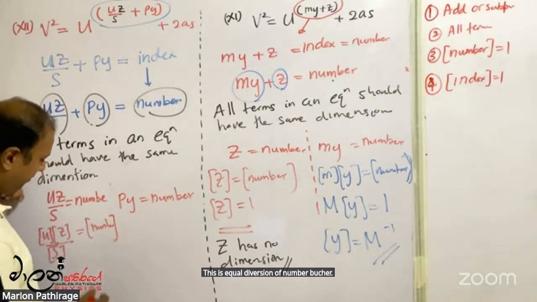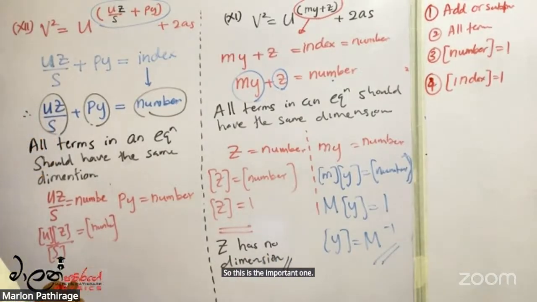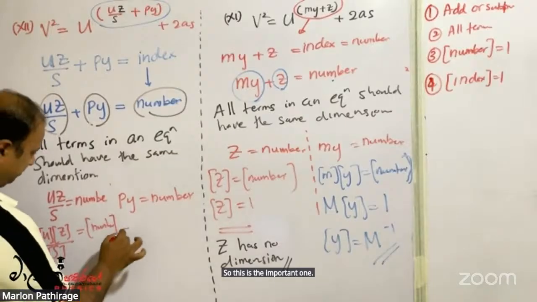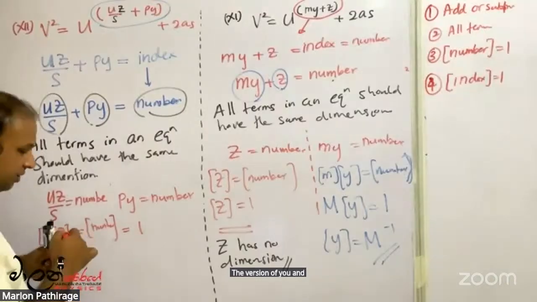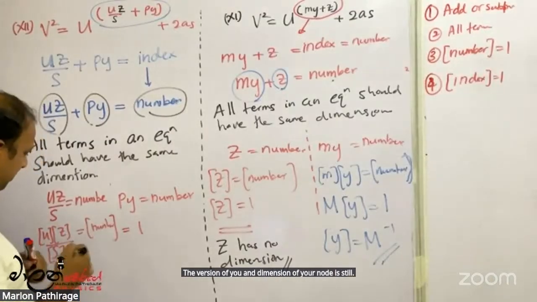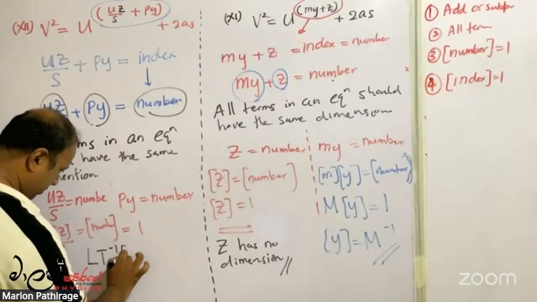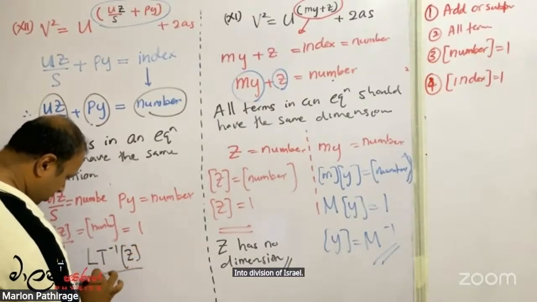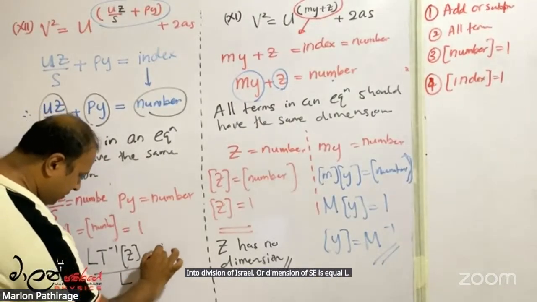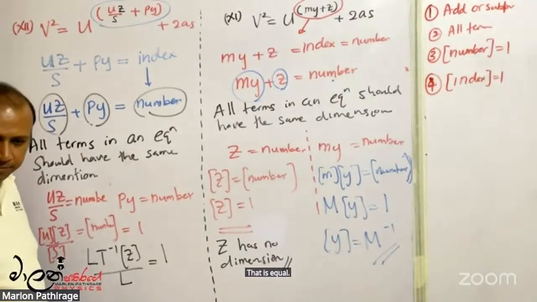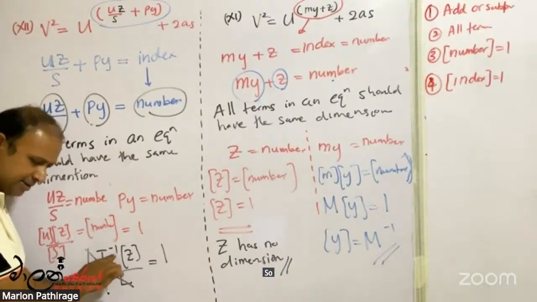Therefore, dimension of number is equal to 1. So this is equal to 1. Dimension of U is LT minus 1 into dimension of z, over dimension of S, which is L. Here L will be cancelled out. So T minus 1 here.